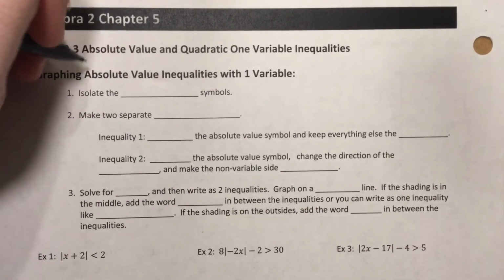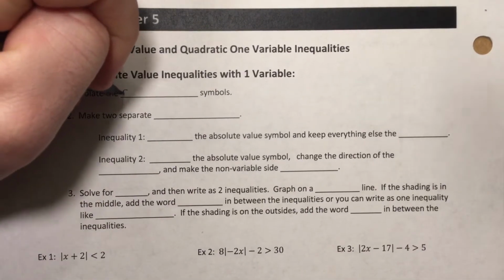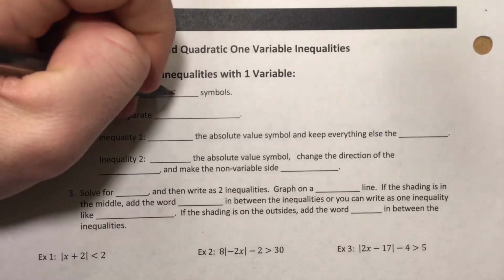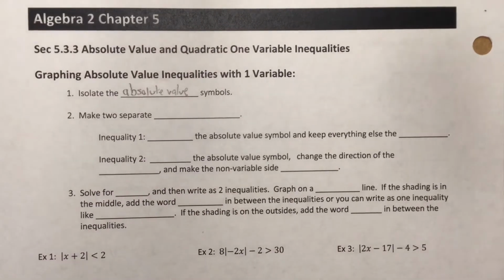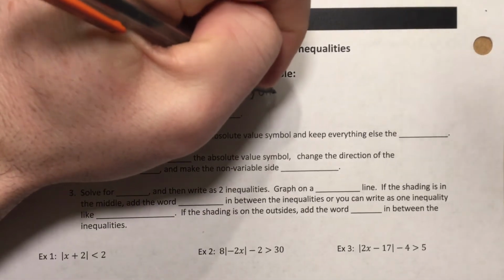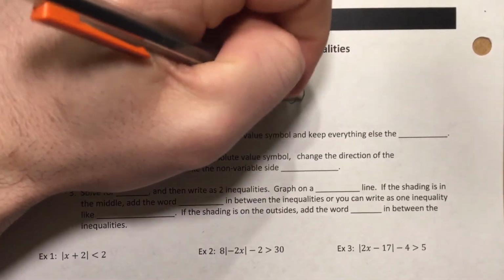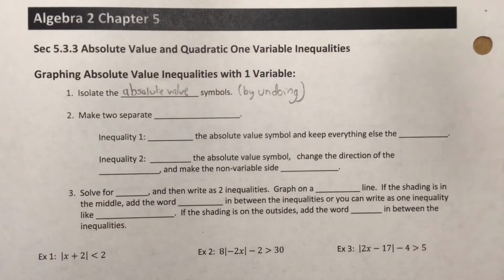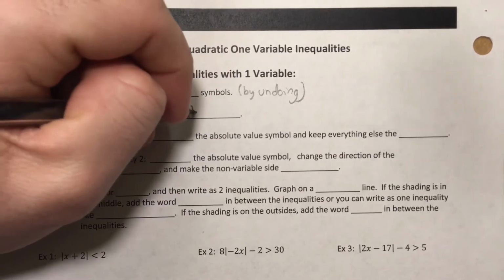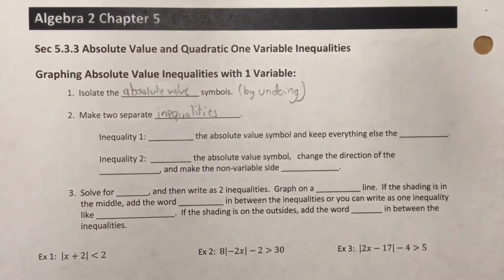So the first thing you want to do is isolate the absolute value symbol. And remember, you do that by undoing. So PEMDAS backwards. And then, just like the equations, you're going to make two separate inequalities now. So a lot of similarities still.